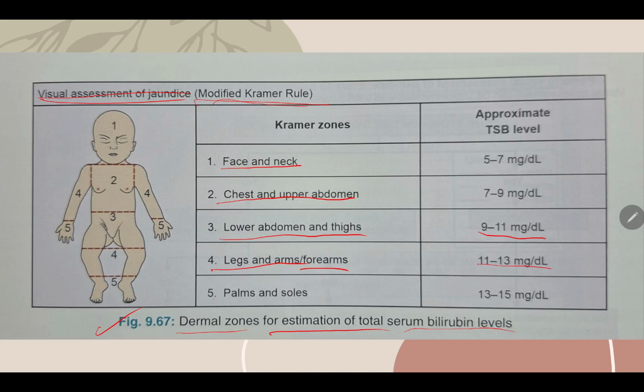At the end we have palms and soles, which are definitive, and you can find 13 to 15 milligram per deciliter. So if yellowish discoloration of palms and soles is there, you can say that the patient's serum bilirubin level is more than 13 to 15.